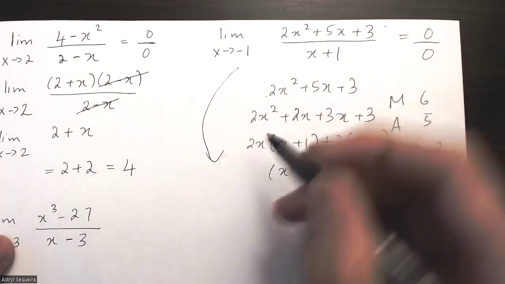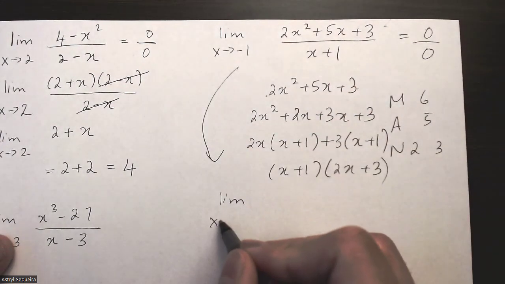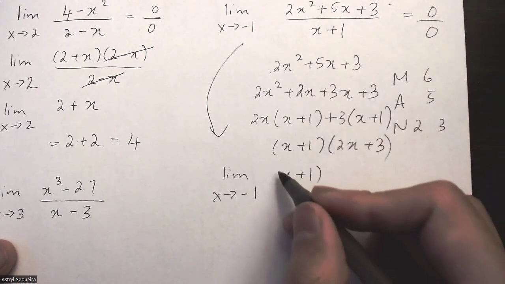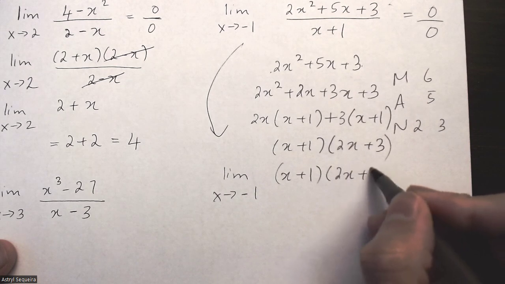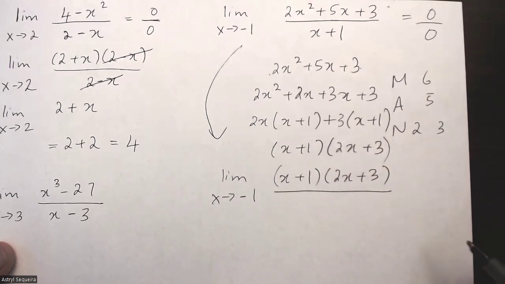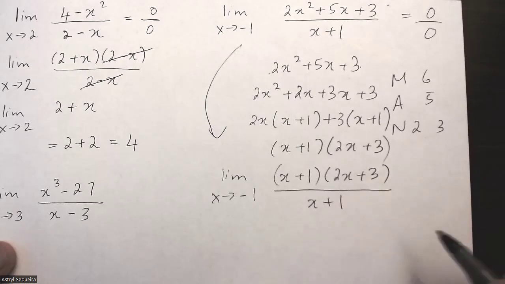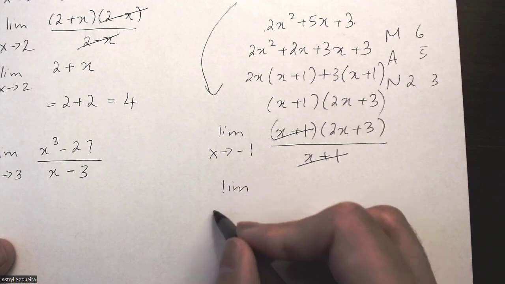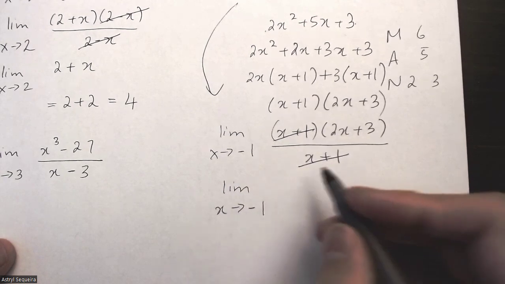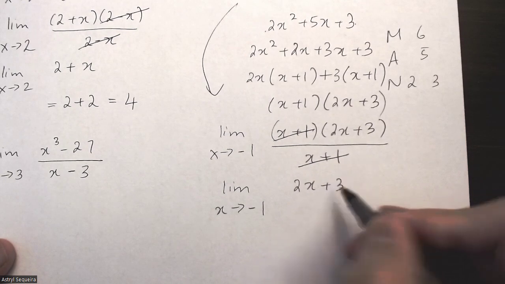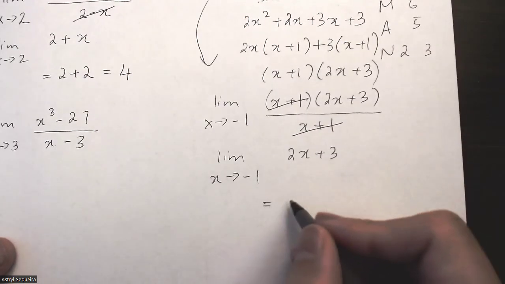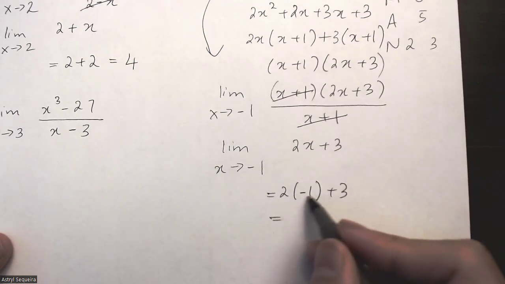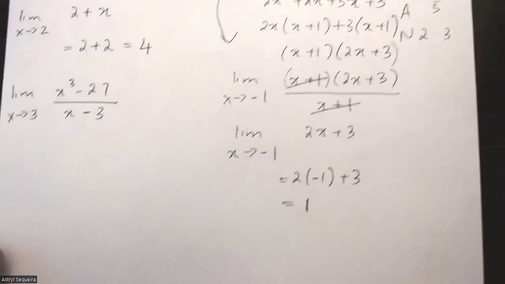Now if I continue from here, I have lim x approaches -1, x plus 1 times 2x plus 3, and that is all divided by x plus 1. And cancel out the x plus 1s. Now I'm left with lim x approaches -1, 2x plus 3. Now all I need to do is sub in -1. That's -2 plus 3, which is just +1.